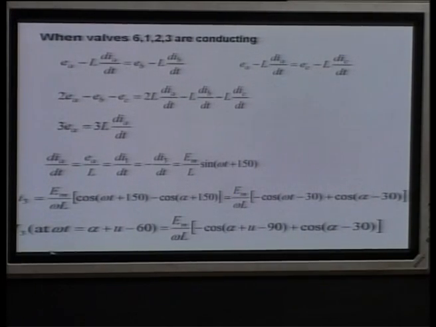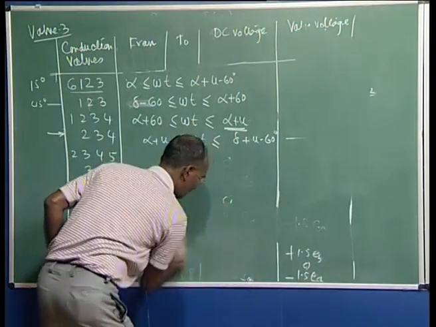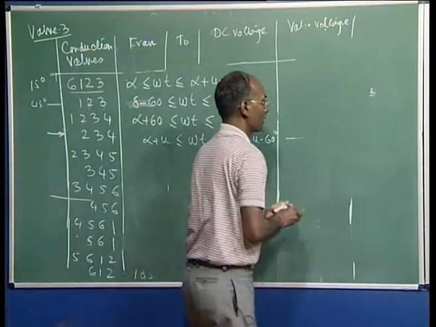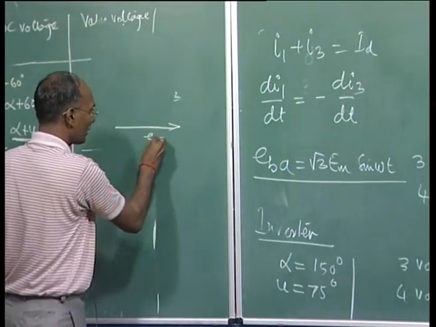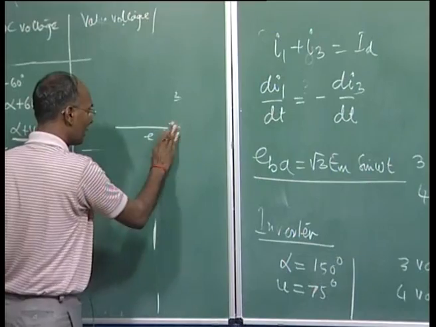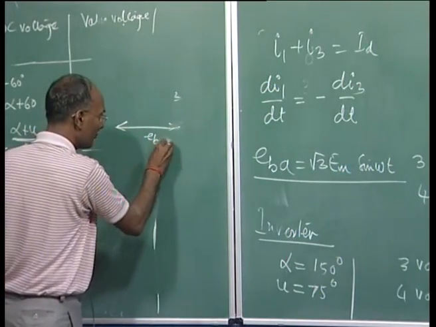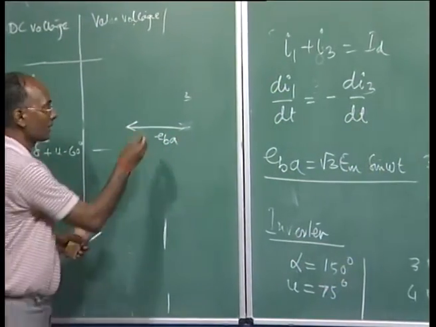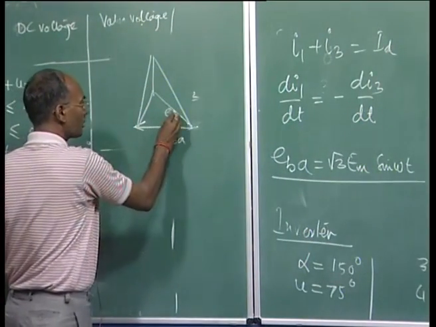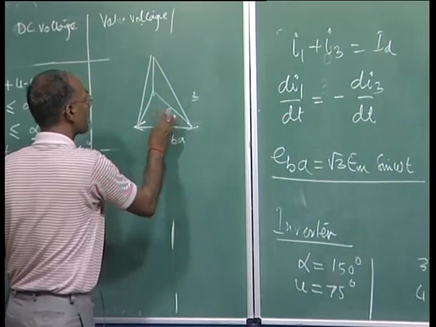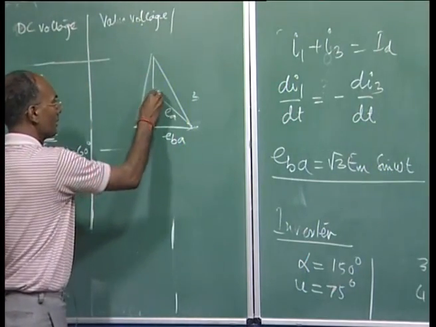To draw this voltage, suppose you do not want to remember it, just take this as EBA, if you remember, and simply draw this. It's not a very nice curve, but still we can draw.